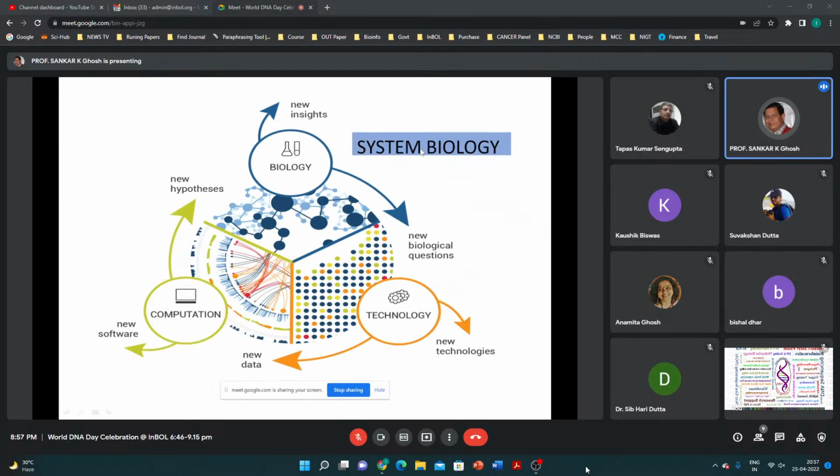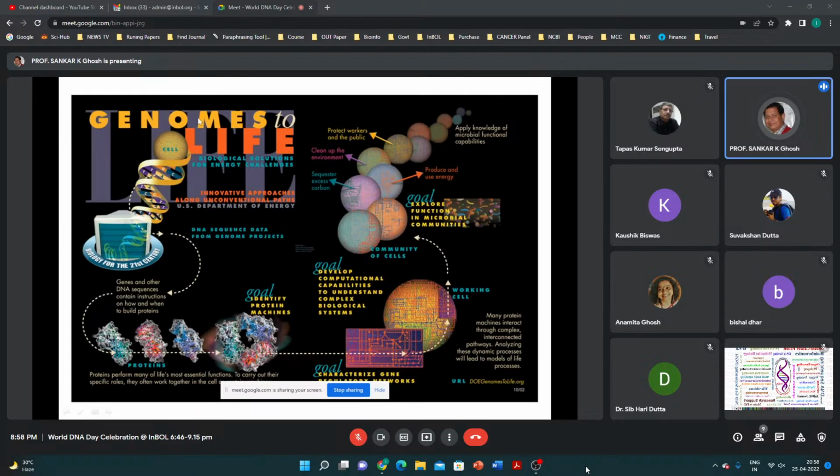So now systems biology is a very important technology that is already coming. Biologists, technologists, and computation come together in systems biology, so that new insights, new technology, and new software can be developed, which help us combat our new areas of thought in DNA technology. So that makes the genomes to life.